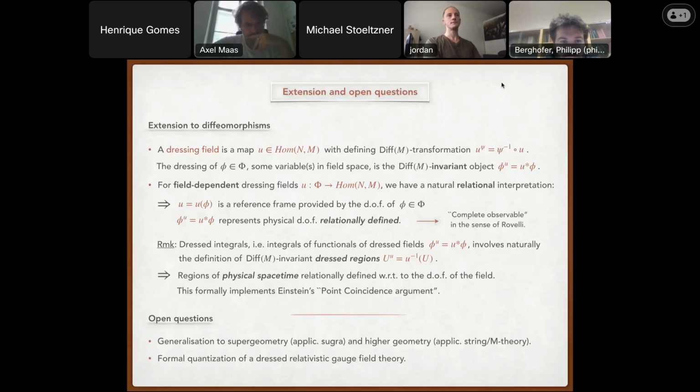But in the case where one of the dressing fields is taken to be a scalar field that has its own configurations and so transforms as well, there is a question about what this kinematical field space is and what you do when you dress this.